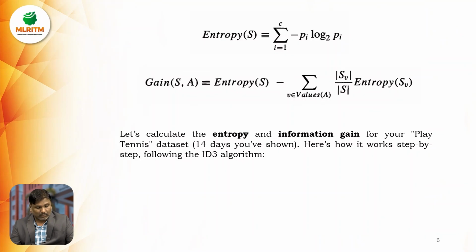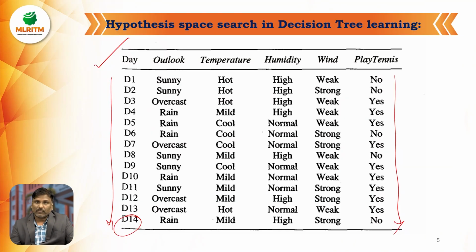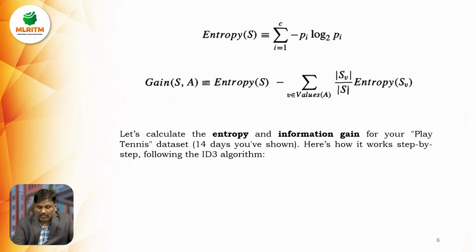So how do I find the hypothesis by decision tree learning? For this I use two measures: one is entropy and the second is gain, or information gain. These two values are used for the measurement of the hypothesis in decision tree learning.